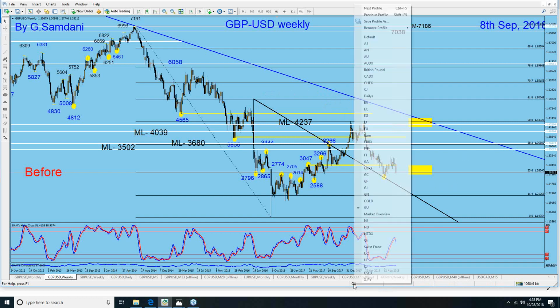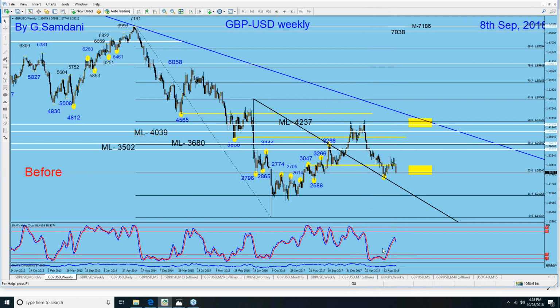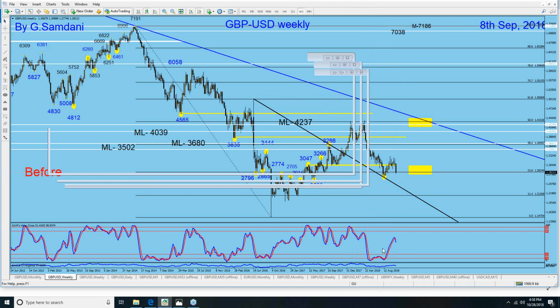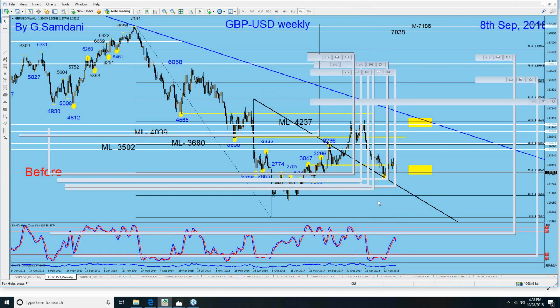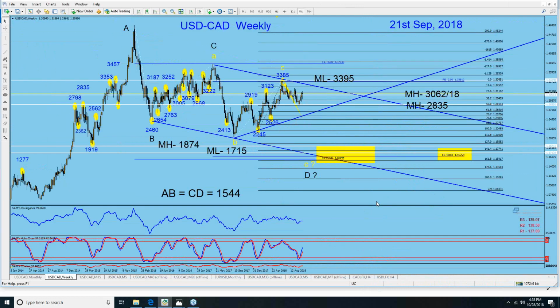But let me just go and take a look at the USD CAD that I want to show you. If USD gets weaker, USD CAD should be dropping. USD CAD, I said we're going to drop from here to the TL when we were all the way at the top.